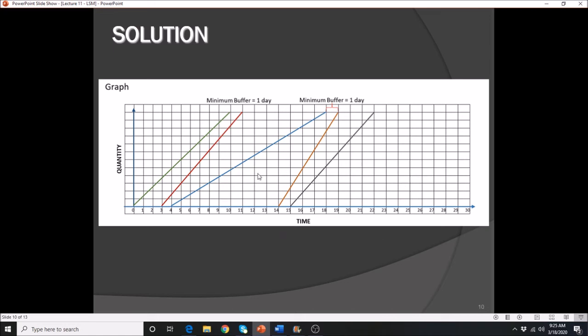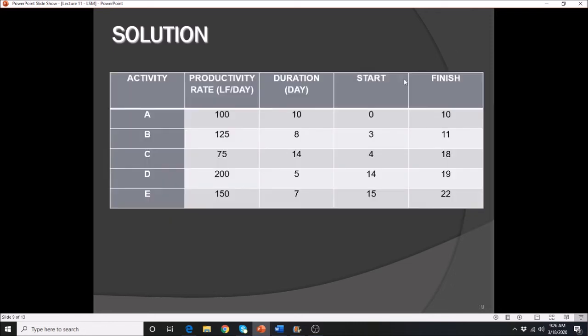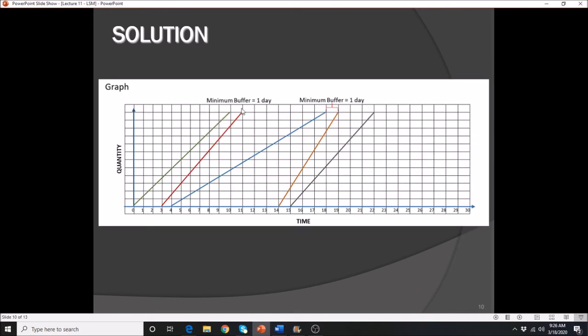Okay, all right, so you just need to draw them. Your second activity is represented by the red line. We begin on the 3rd day and we end on the 11th. And notice here we provided that with a buffer time of 1 day. The same thing also with your activity C and your D. So again, just draw those lines, making use of the insert line command, no graph.